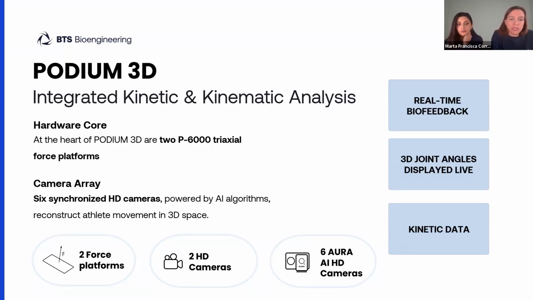Here you also have 6 Aura AI HD cameras, and through AI algorithms you have the 3D reconstruction of the athlete's movement in 3D space. So here you not only have the kinetic data, you also have kinematic data from these cameras, and you can combine them to also have inverse dynamics.